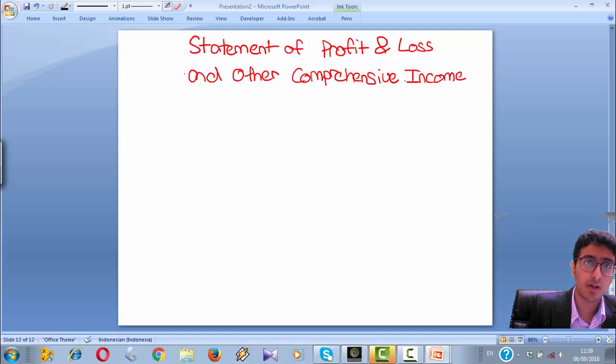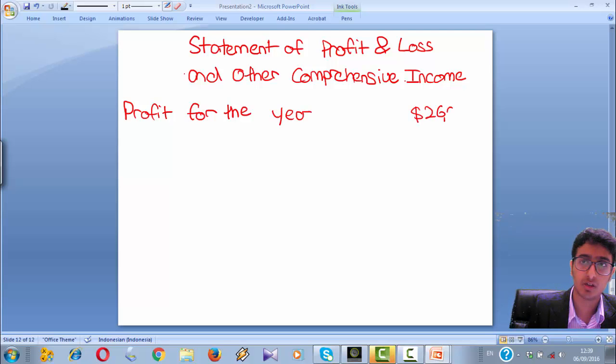For example, I would say just profit for the year. This is just an example. Let's put it as $26,000. Now I will have an other comprehensive income section below this.